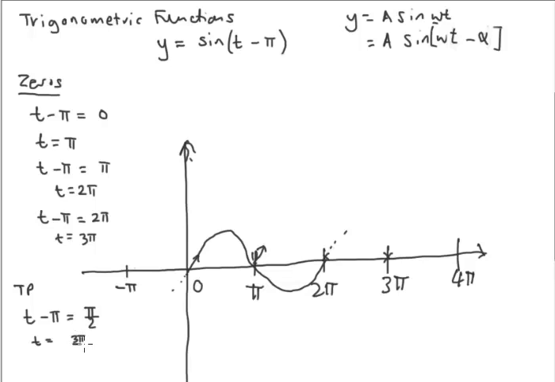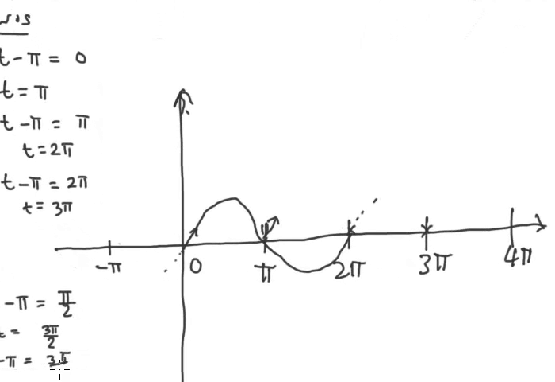3 halves of pi. If you don't get what that is, pi here is 2 halves. Then we add on both sides pi, we get 3 halves of pi. Right. The next thing is when the argument is equals to 3 halves of pi. Is that right?